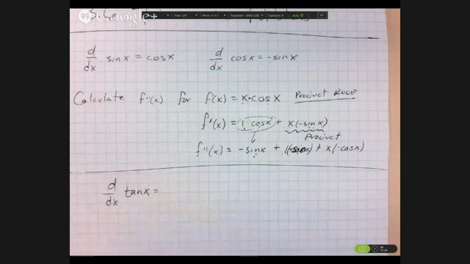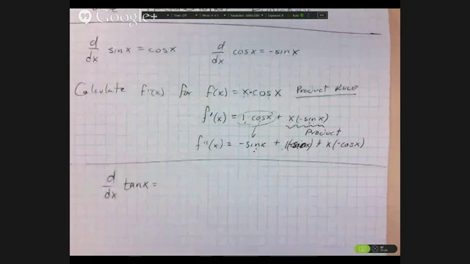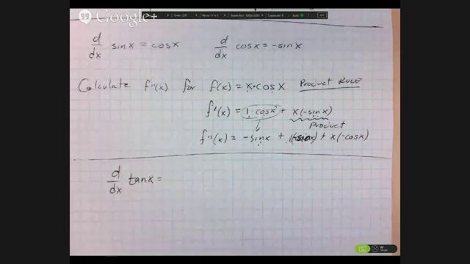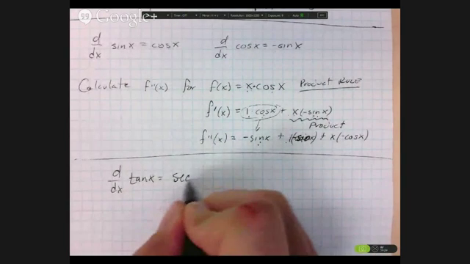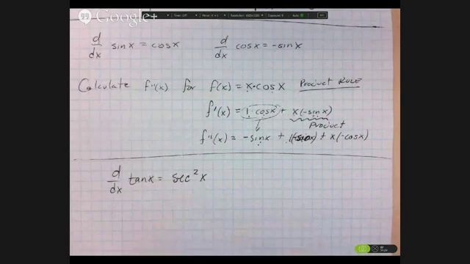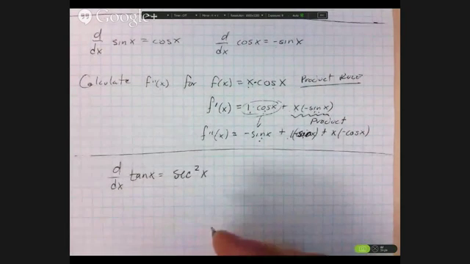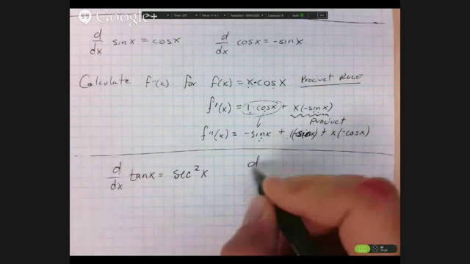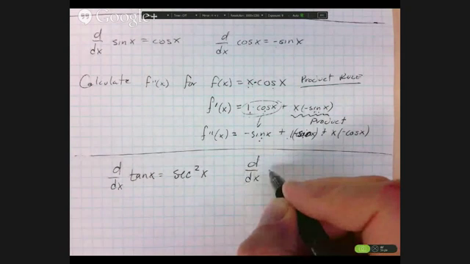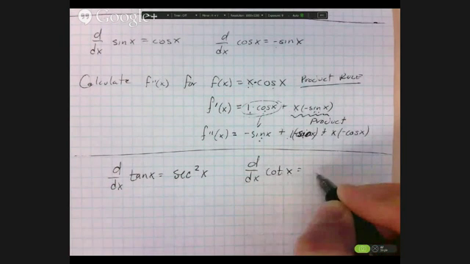Okay, you have 4 more to memorize. What's the derivative of tangent? Secant squared. You will find a pattern here. Cotangent: negative.